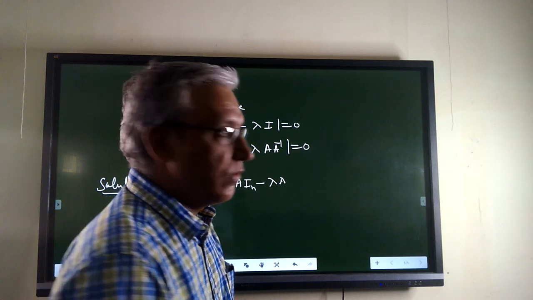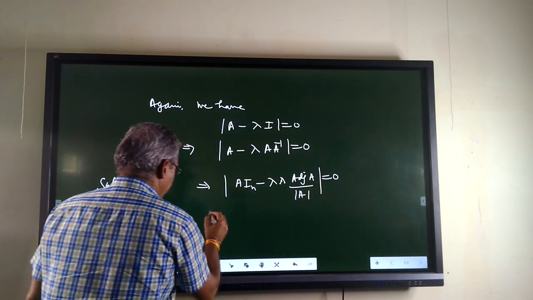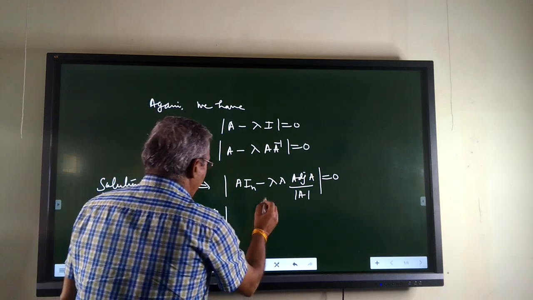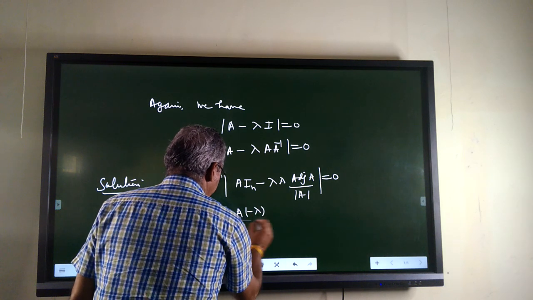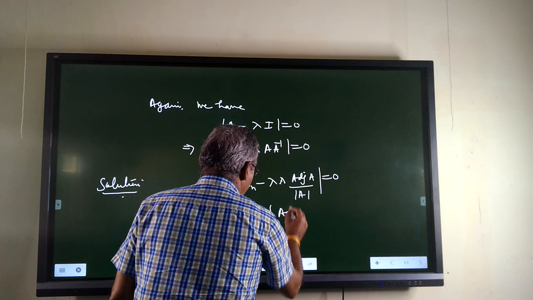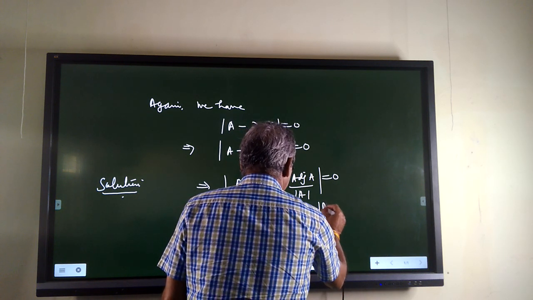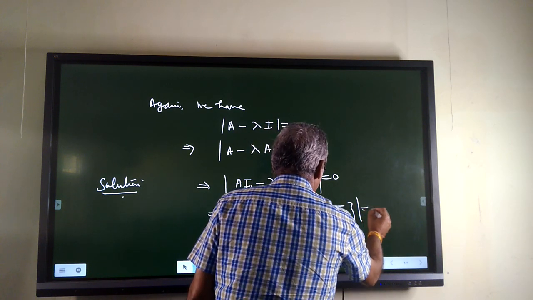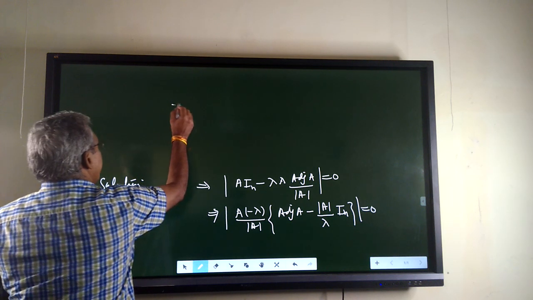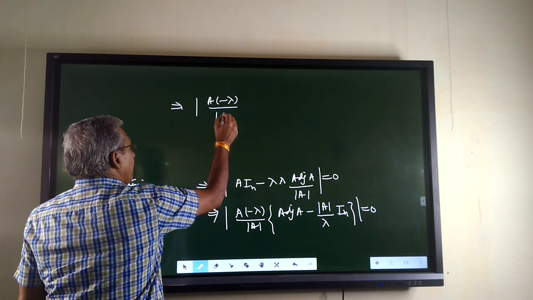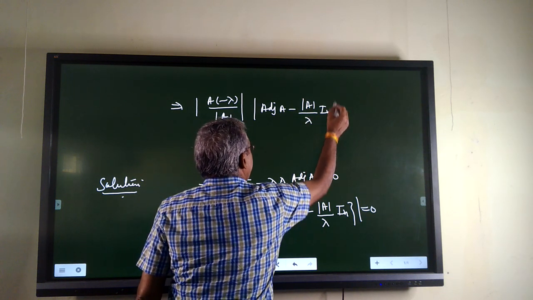By applying the definition of inverse matrix, we have inverse of A equal to adjoint of A upon determinant of A. This can be written, after taking the common A and lambda with negative sign upon determinant of A, as adjoint of A minus determinant of A upon lambda I n equals to 0.